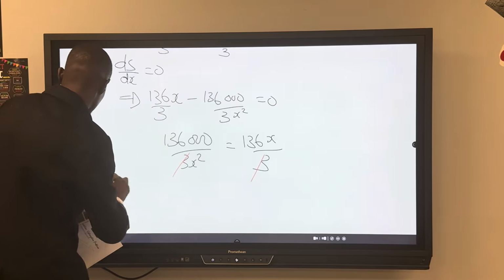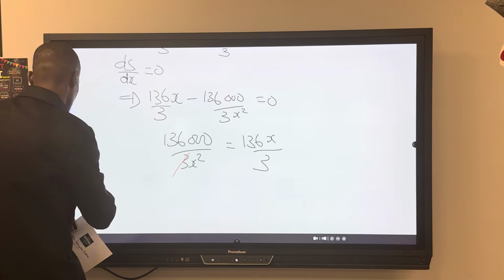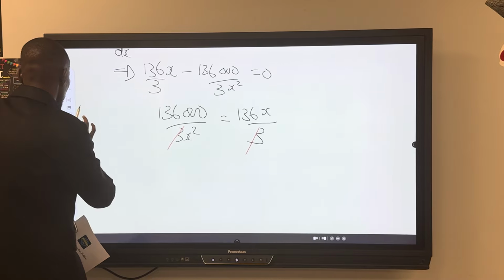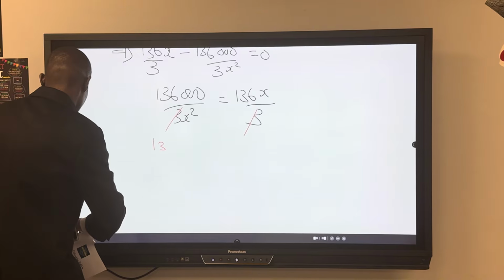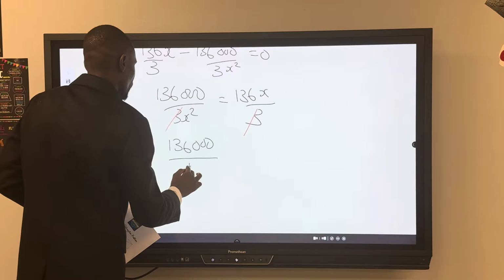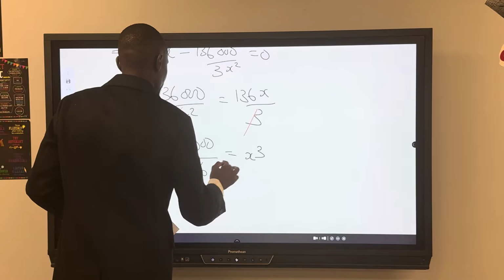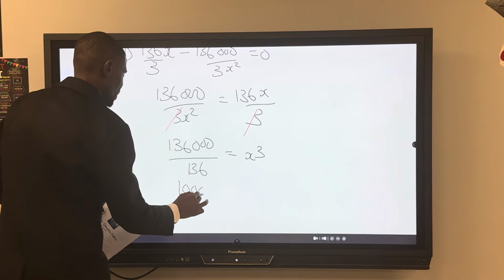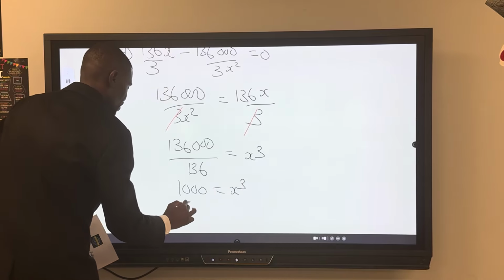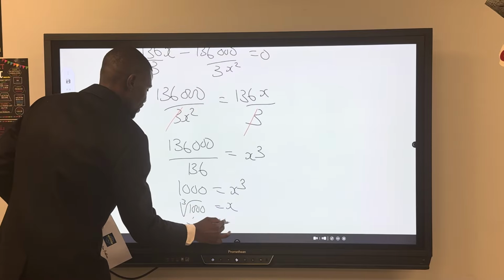So it's going to be 136,000 over 136, which is equal to x cubed. So 1,000 here is equal to x cubed. So the cube root of 1,000 is equal to x. So therefore, x is equal to 10.